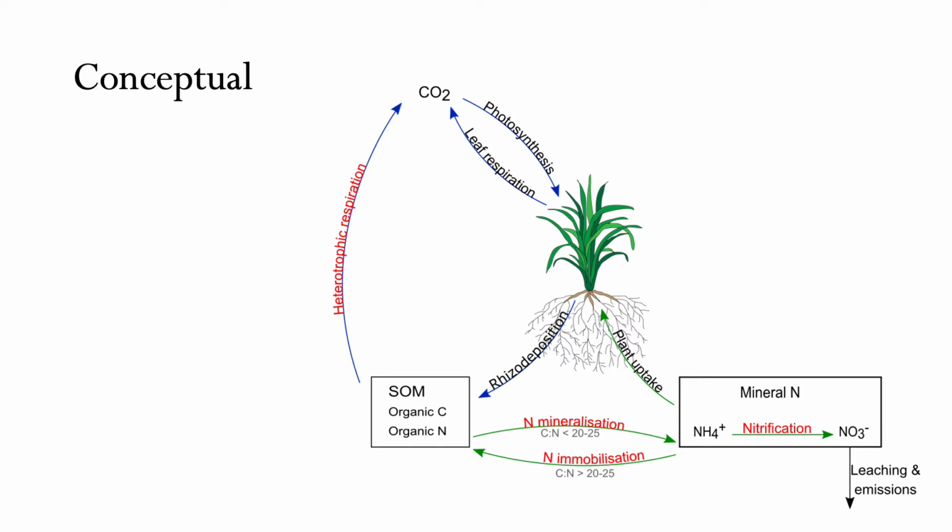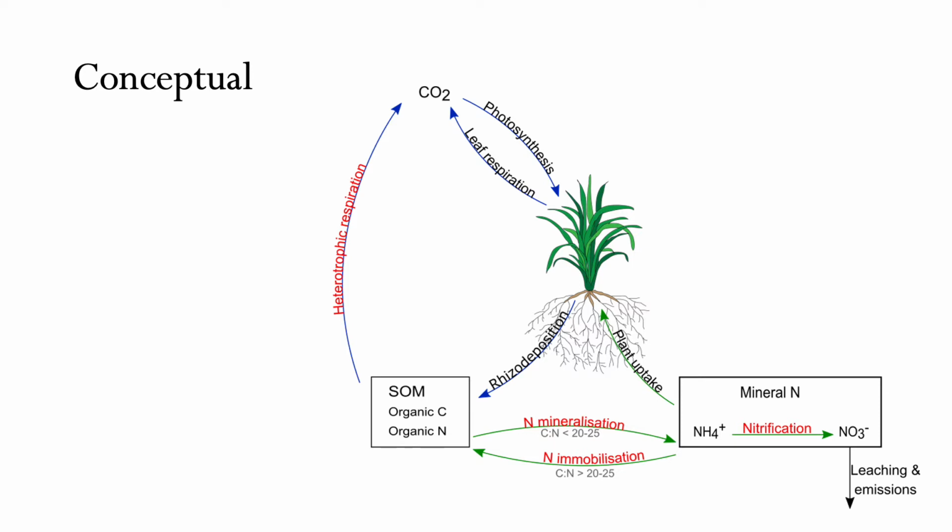The processes that regulate soil carbon cycling are typically closely coupled with the nitrogen cycle, which is indicated here in green arrows. Soil organic matter usually contains a really high amount of nitrogen, and this can be released to mineral nitrogen through microbial activity, which is what we call nitrogen mineralization.